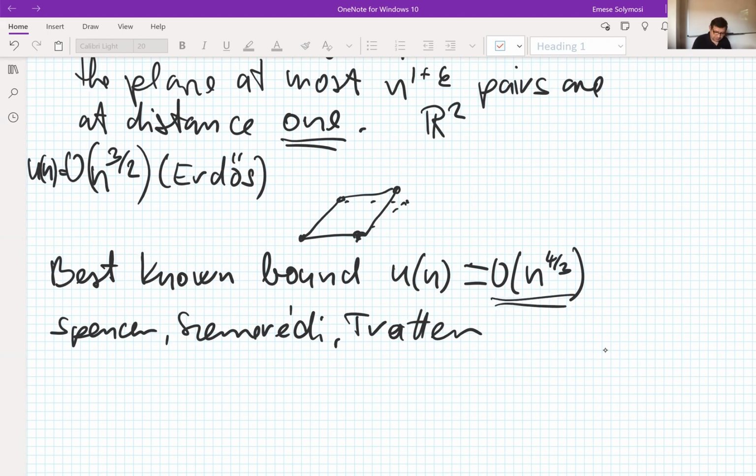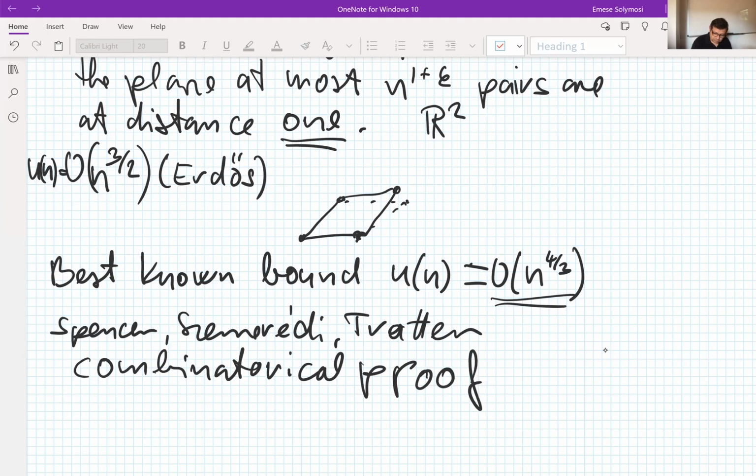And so this proof and all the following proofs are combinatorial proofs. Why is it important? Because as we will see, if we are just using plain combinatorics, then this bound is, in a certain sense, tight. You have to go beyond that.